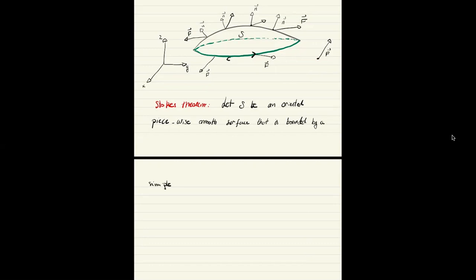Remember what is a simple curve, meaning that it doesn't cross itself. Closed, meaning that the starting point and the terminal point are the same. And piecewise smooth, meaning that the first derivative never vanishes except maybe at some finite number of points.